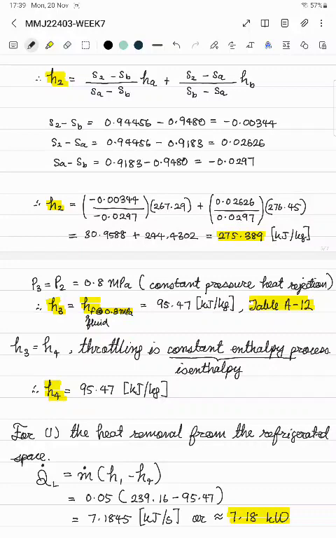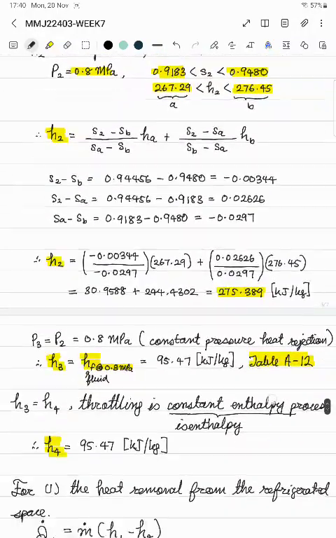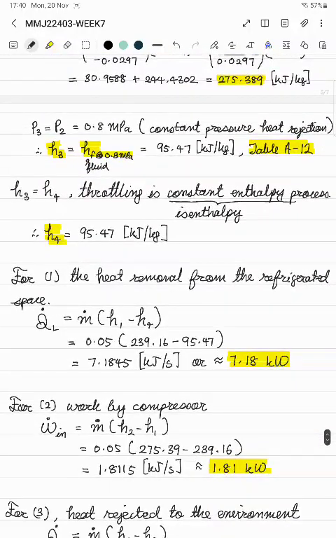So we can deduce that H3 is equal to H4. So we can conclude that H4 equals 95.47 kilojoule per kilogram. So from there you go, you have H1, H2, H3 and H4.